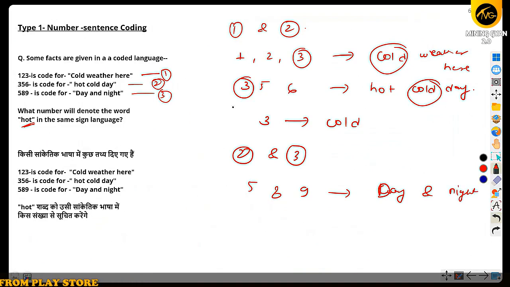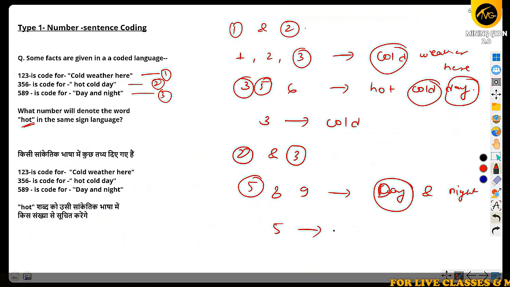The word present in both equations is day. So basically 5 represents the word day.